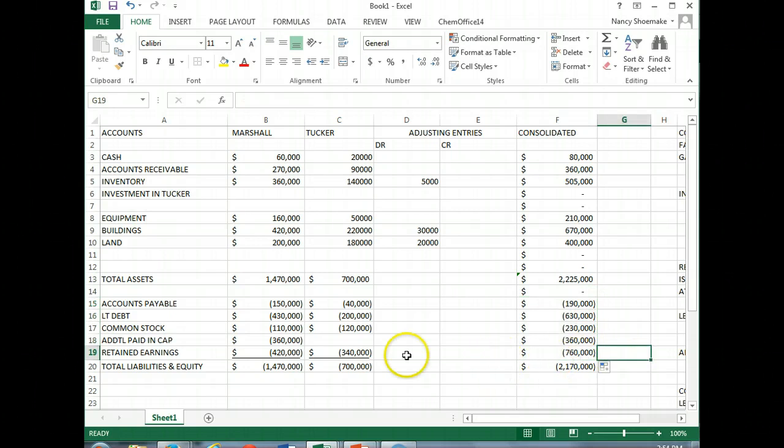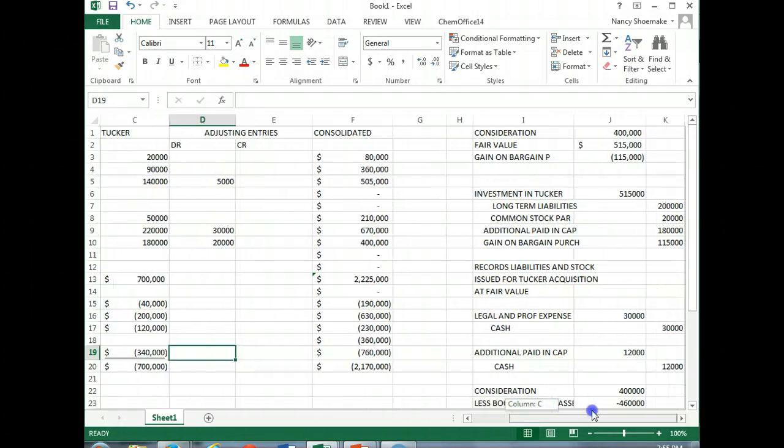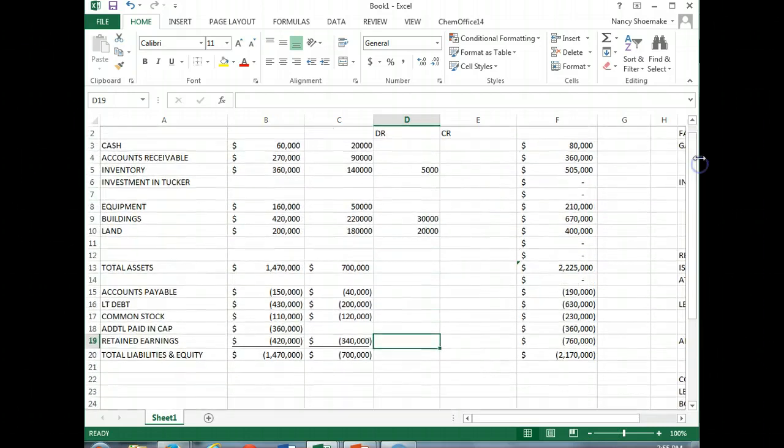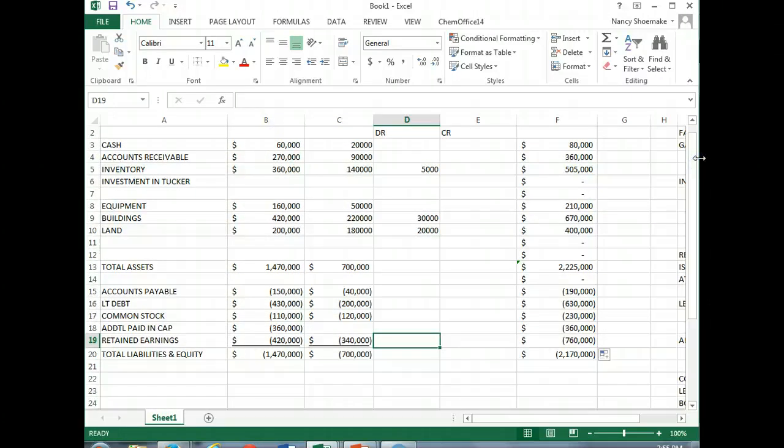That right so far? Now we've got some journal entries to do. So we have this transaction when we created our journal entry. Where is it? I thought we had the journal entry here.